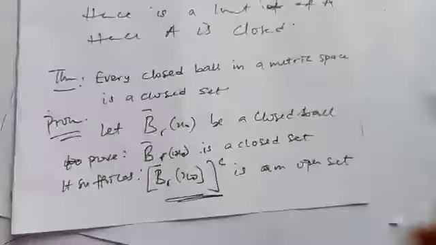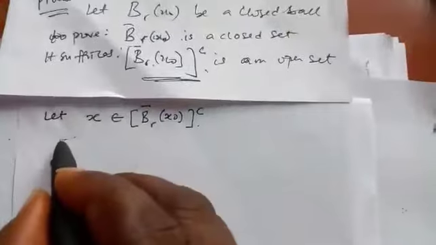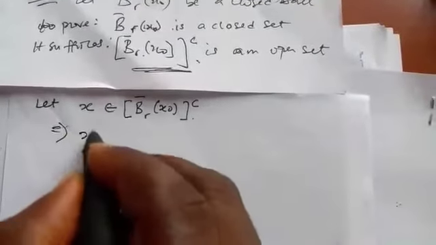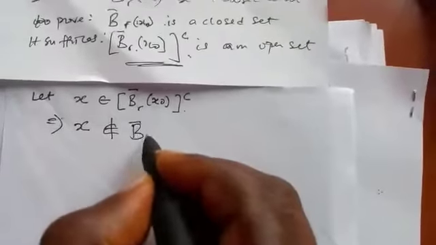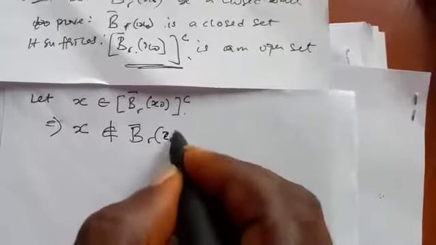So let us pick an element in this complement, S. We know by set theory that S does not belong to the closed ball itself.